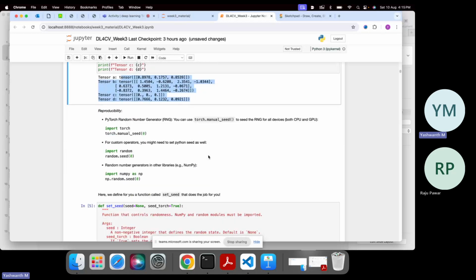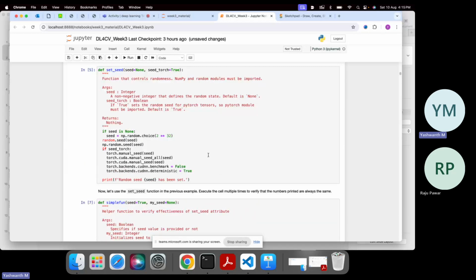Now, to maintain some determinism in the random numbers, we have something called a seed. This is to avoid the randomness. For NumPy, you have np.random.seed, and for torch, you need to set all these things if you want to run the experiments in a deterministic manner.